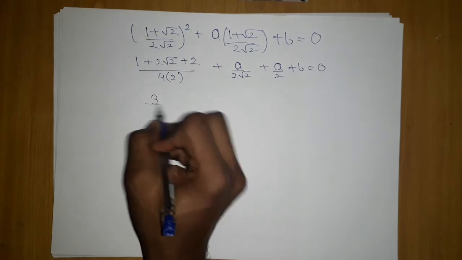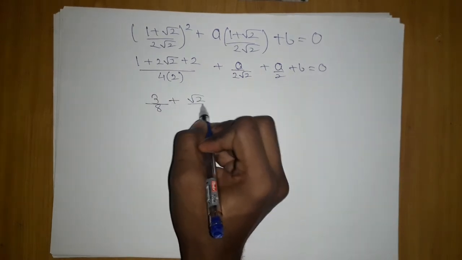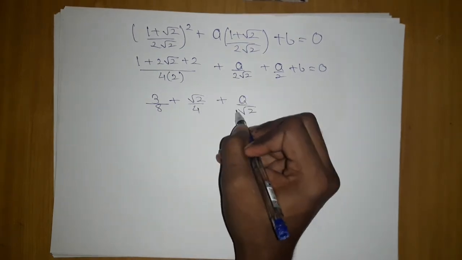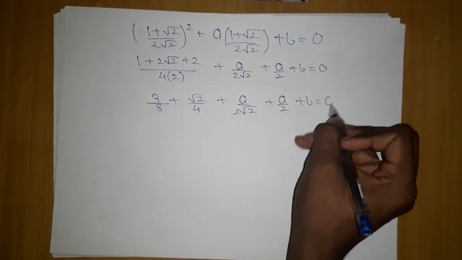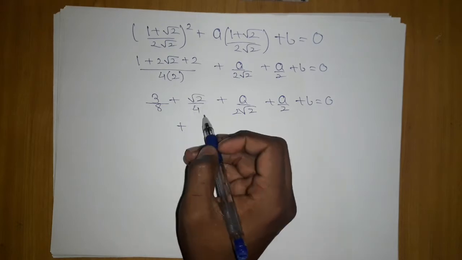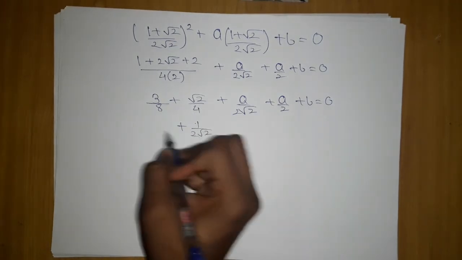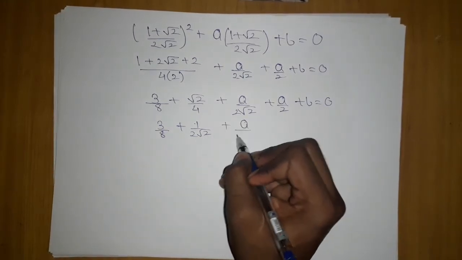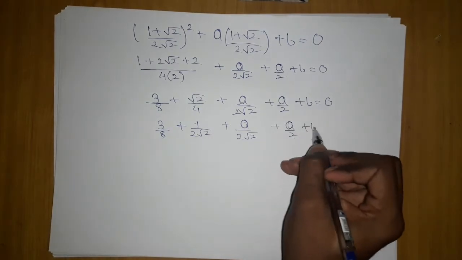Now this can be 3 upon 8, and this can be under root 2 upon 4, plus a upon under root 2 and plus a upon 2 plus b should be equal to 0. Now if you see, we can modify this further. If I multiply and divide by under root 2, this 2 will cancel out, we will get 2 into under root 2. 3 by 8, so for sure it is rational. A upon 2 under root 2 plus a upon 2 plus b should be equal to 0.